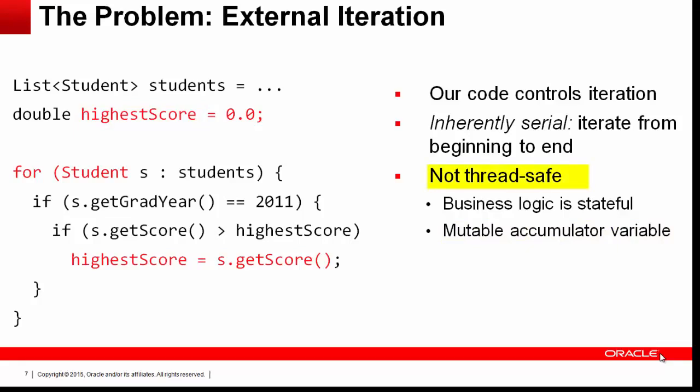Multiple threads could be updating that variable at the same time and overwrite the changes which are made by other threads. We would need to introduce locking to prevent multiple threads from accessing it at the same time, and that would add more work to our application code. So right now we have code that works, but it's not good in terms of multi-threading and parallel execution.